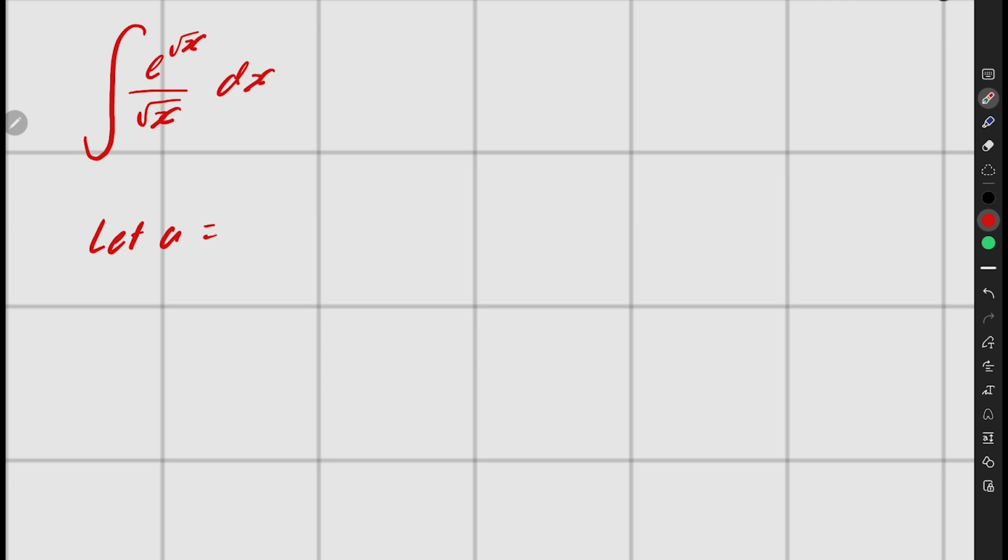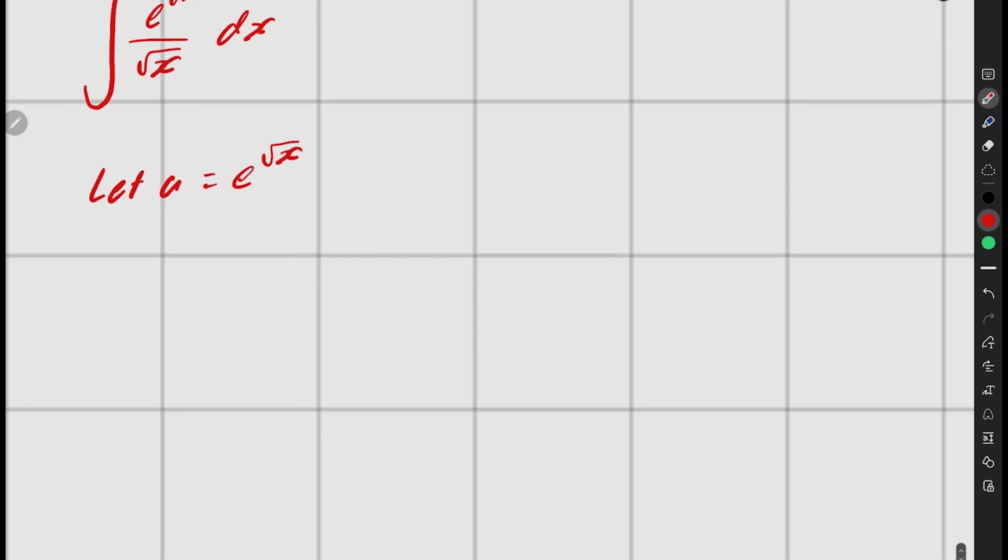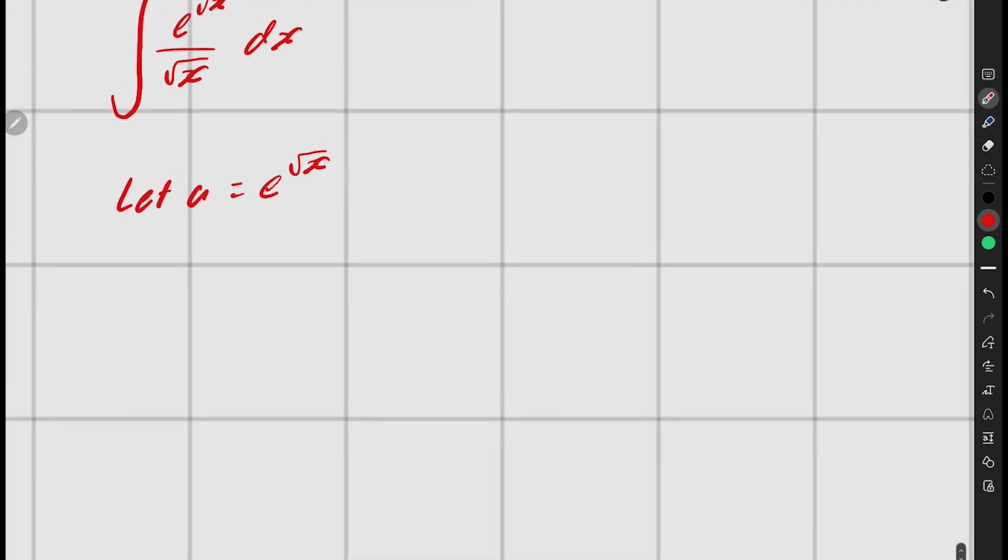Let's say we let u equal e to the square root of x. Okay, I think that's what we're going to do. So let's work on solving this.